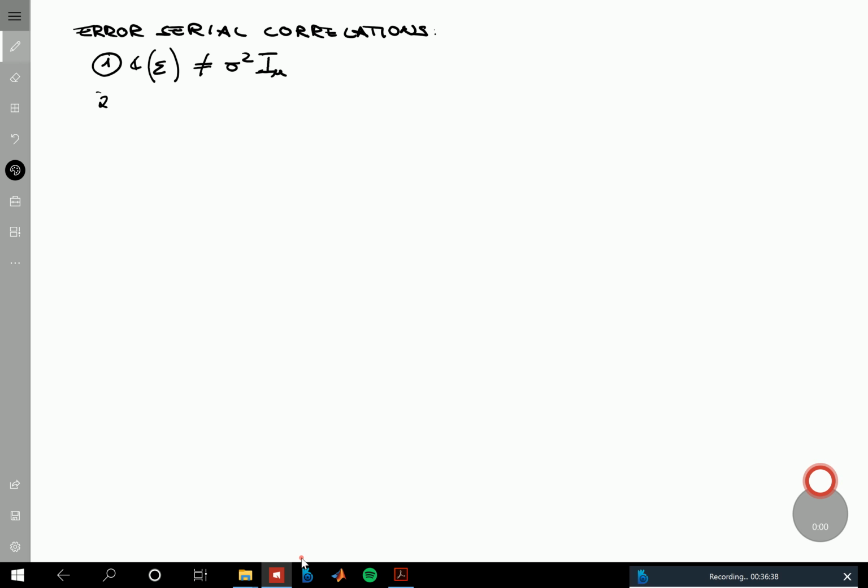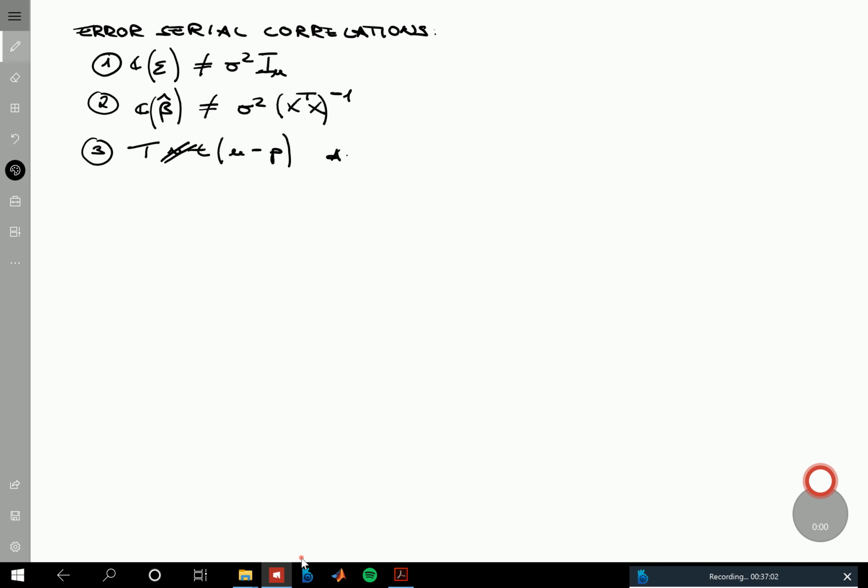Then the covariance of the beta estimate is not this, from which it results that the t-statistic is not distributed according to this.